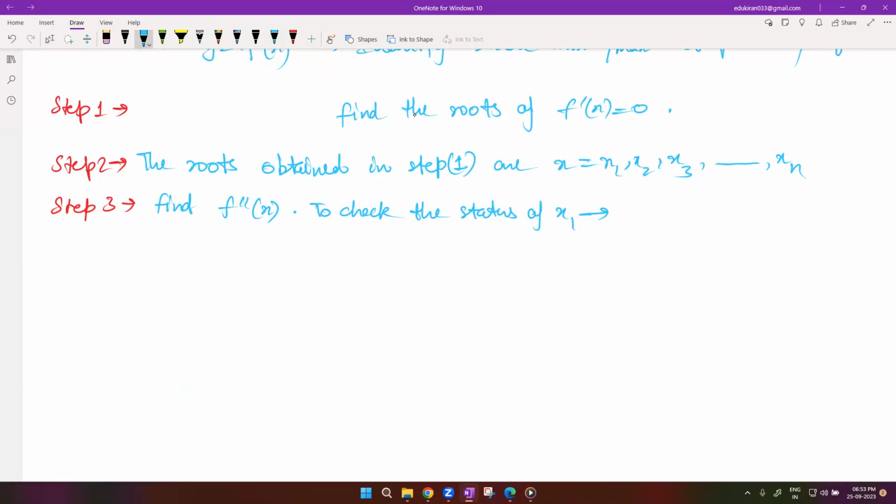If you put x1 here, it becomes f double dash x1. So in place of x, you put x1. If after putting this value, your whole value is greater than 0, that is positive, then this signifies x equals x1 is a point of local minimum.